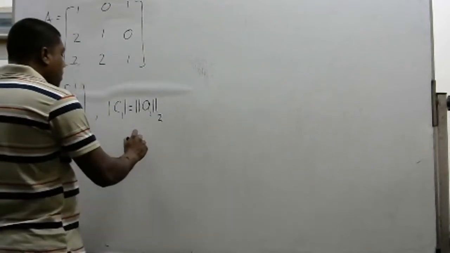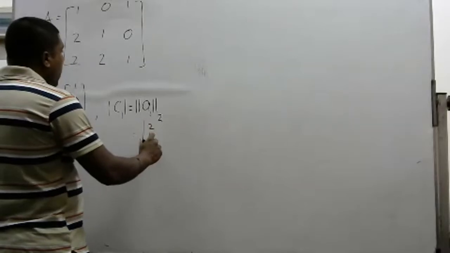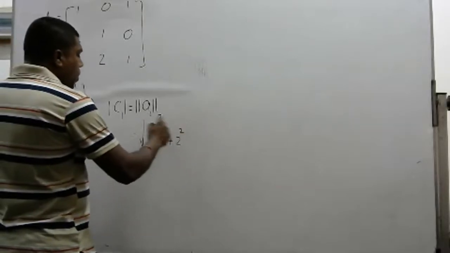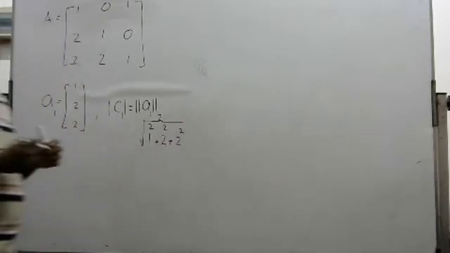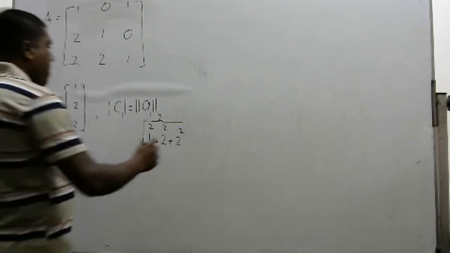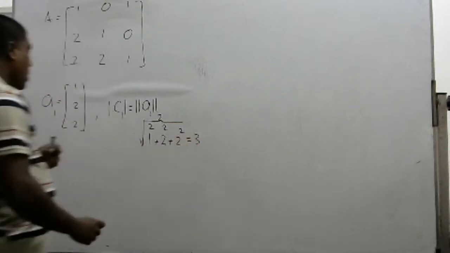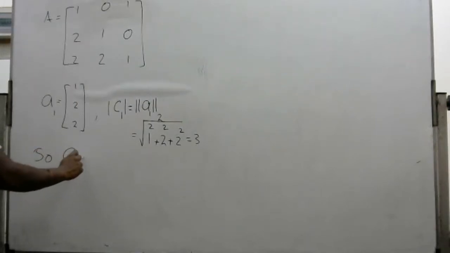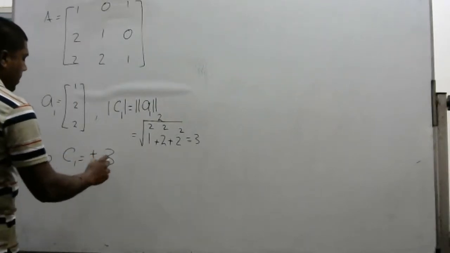You can compute 1 squared plus 2 squared plus 2 squared and take the square root of that, which is obviously 3. So you get plus or minus 3.